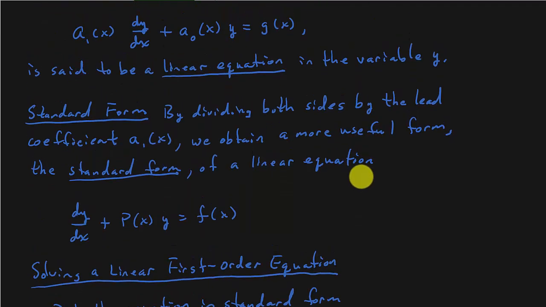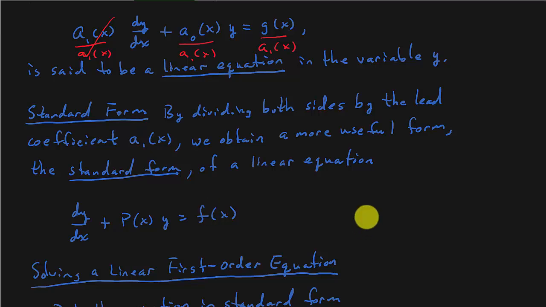Basically we're dividing everything by a1(x), so that cancels and leaves us with dy/dx. Then we're calling a0(x)/a1(x) p(x), and g(x)/a1(x) we're calling f(x).